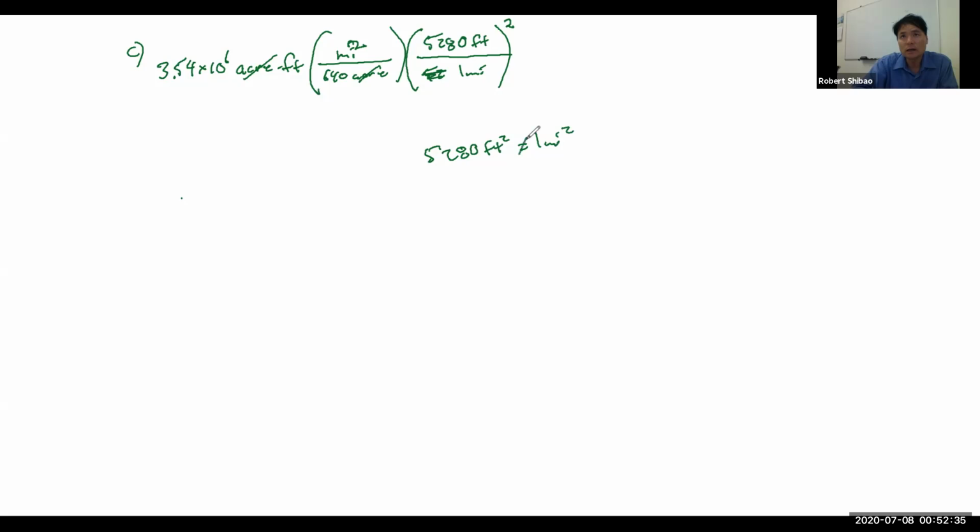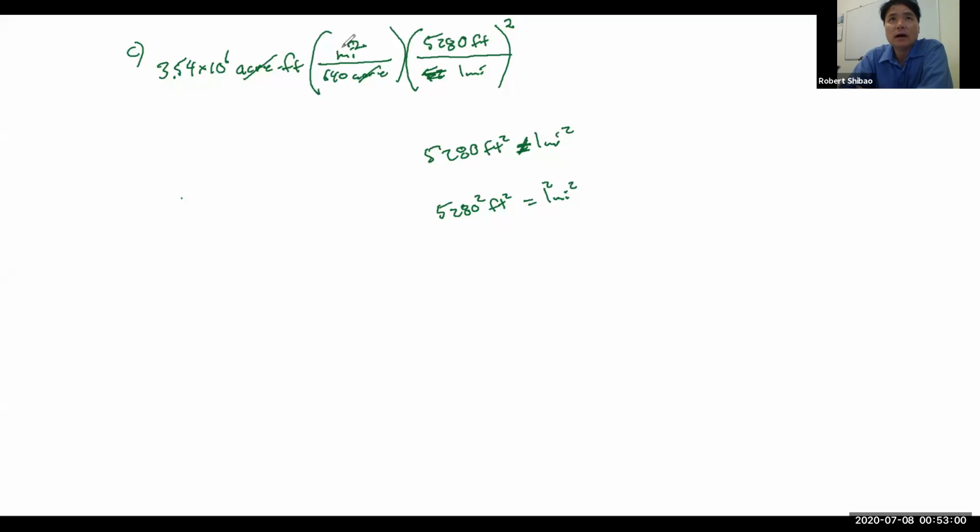What is true is 5,280 foot squared is equal to 1 square mile, because we square everything. If we square everything, then the equivalency is still okay. So this is where that 2 came from.